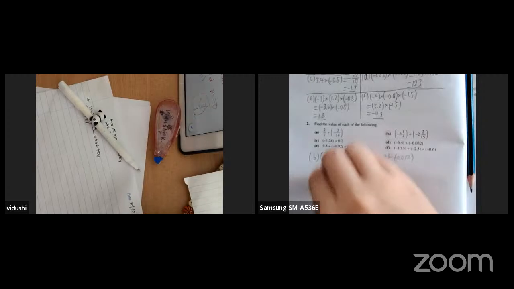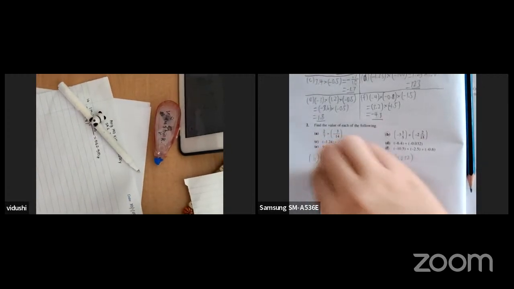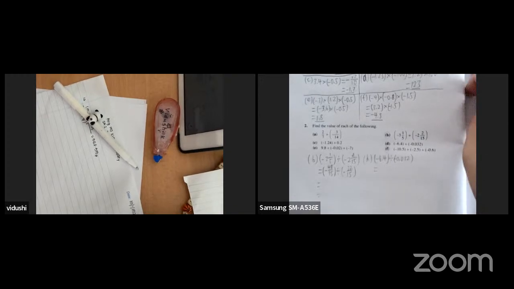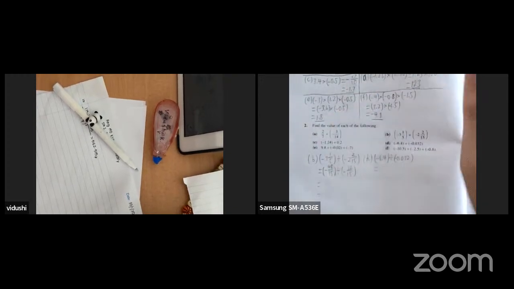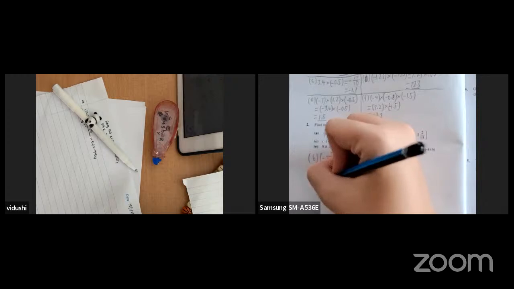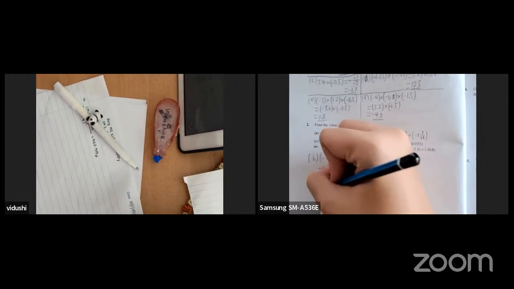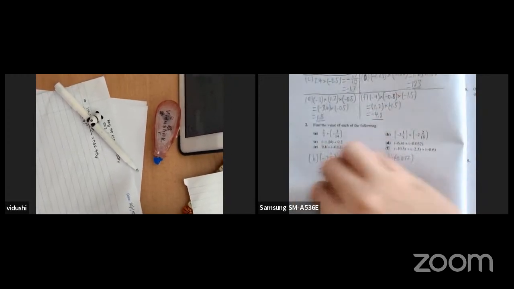Just to answer your question. This is going to sound very weird, Vid. But the two separate dots mean you're going to repeat everything, including the middle of the dots.